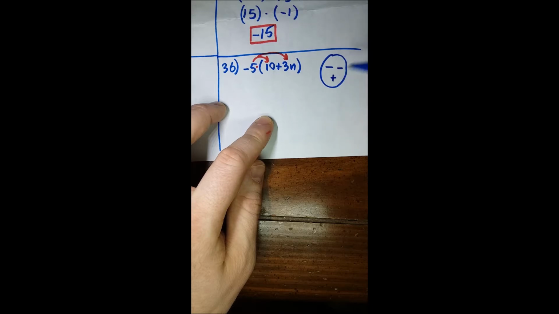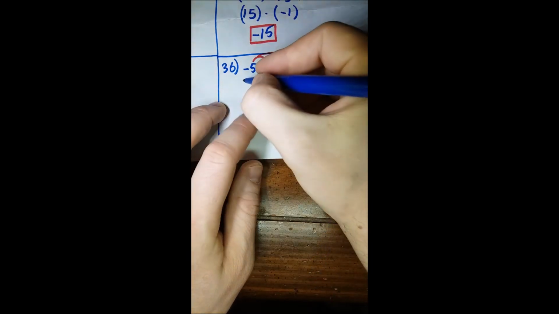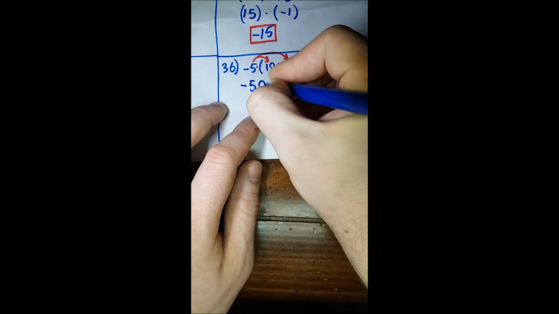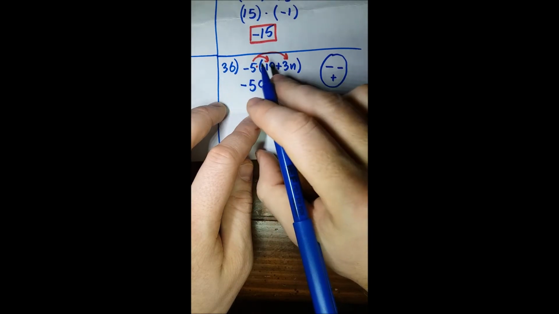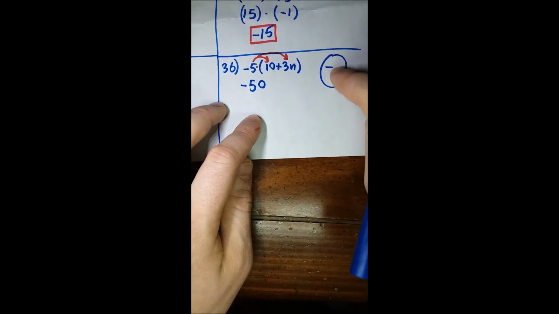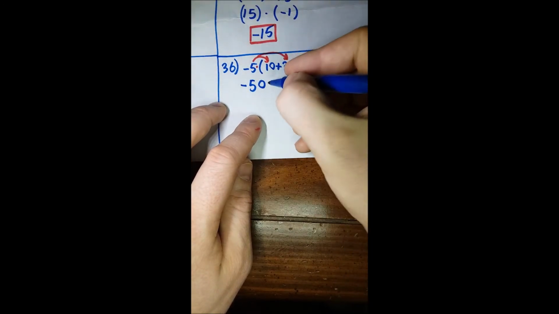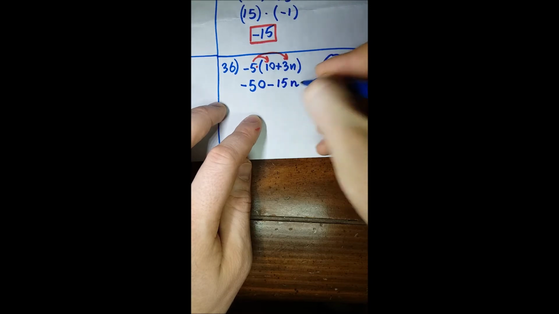If it's a negative and a positive, my answer is going to be a negative. So negative 5 times 10 is 50. Again, negative 5 times positive 3n. Negative times a positive is a negative. So it's going to be minus 5 times 3, which is 15n.